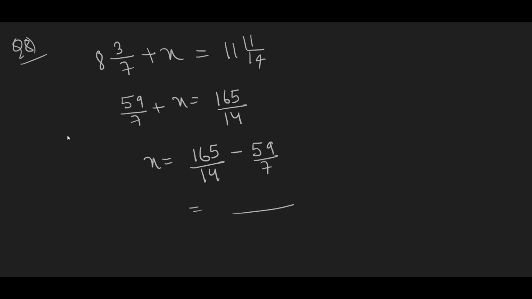So taking the LCM as 14, 165, minus 7 2s are 14, 59 into 2, you will get 118, and the result will be 47 upon 14. And you need to convert this into a mixed fraction. So if you convert this, it will be 14 3 by 5, children.